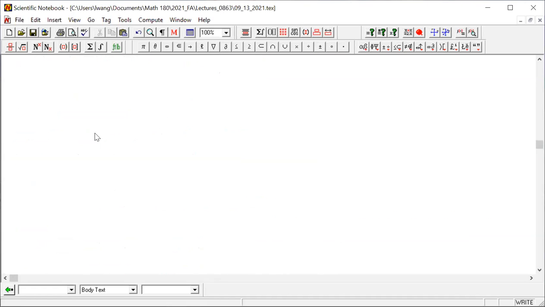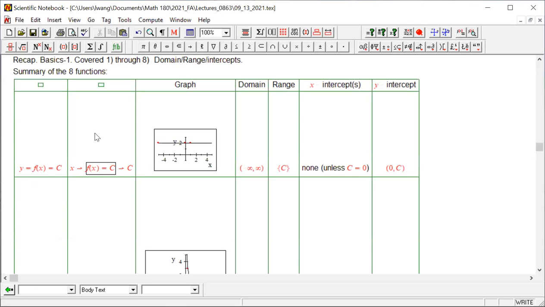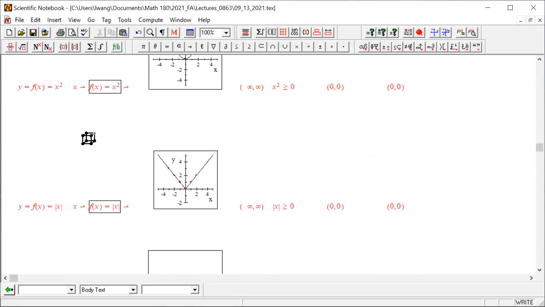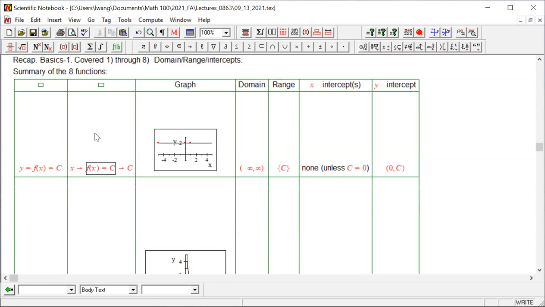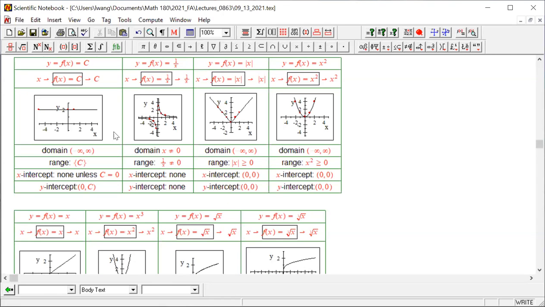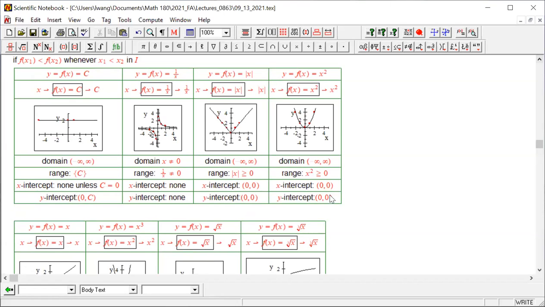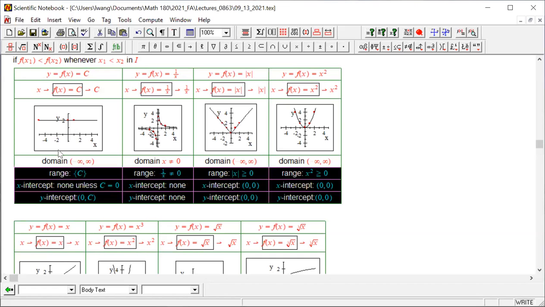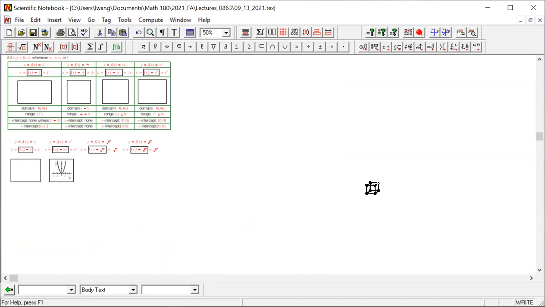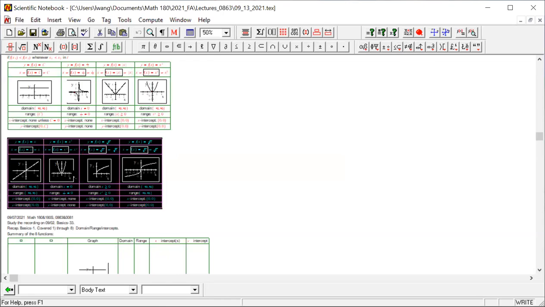Could you guys bring me questions? The 8 functions. Okay, so I'm going to do it in one stroke.